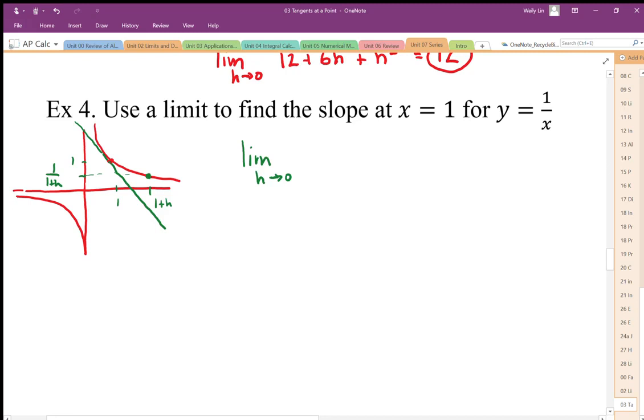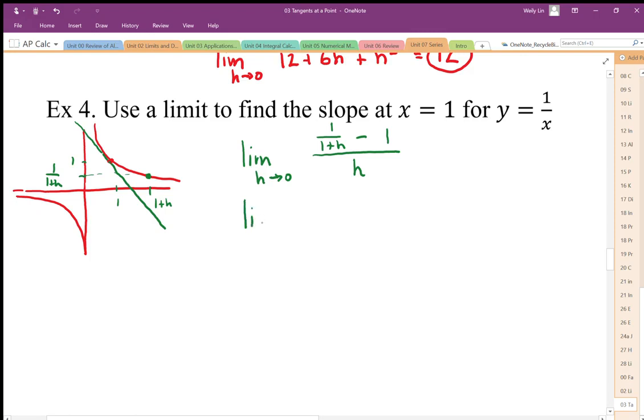There's my y1, 1 over 1 plus h, minus y2, the known coordinate 1, divided by 1 plus h minus 1. Well, that's just going to be my run, which is h. Plugging in 0, I get 1 minus 1, 0 divided by 0. It's still a problem. So let's let that h go to 0 to deal with the 0 divided by 0.